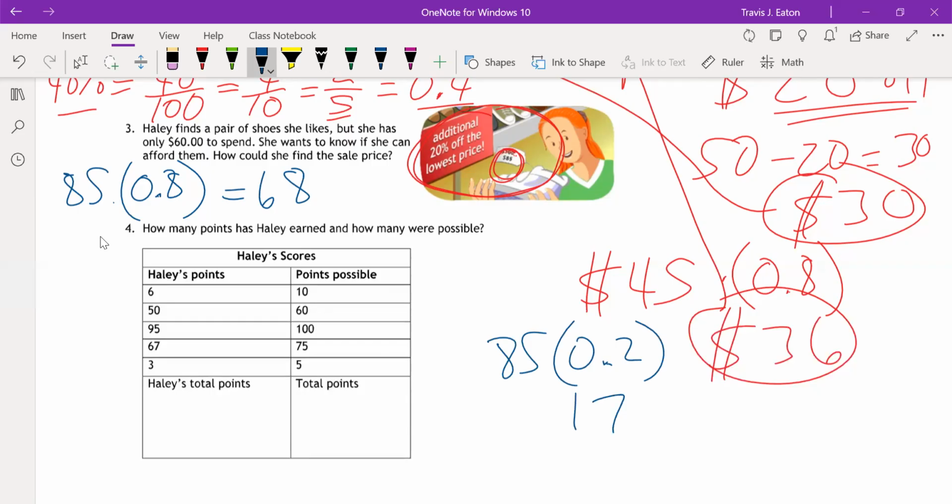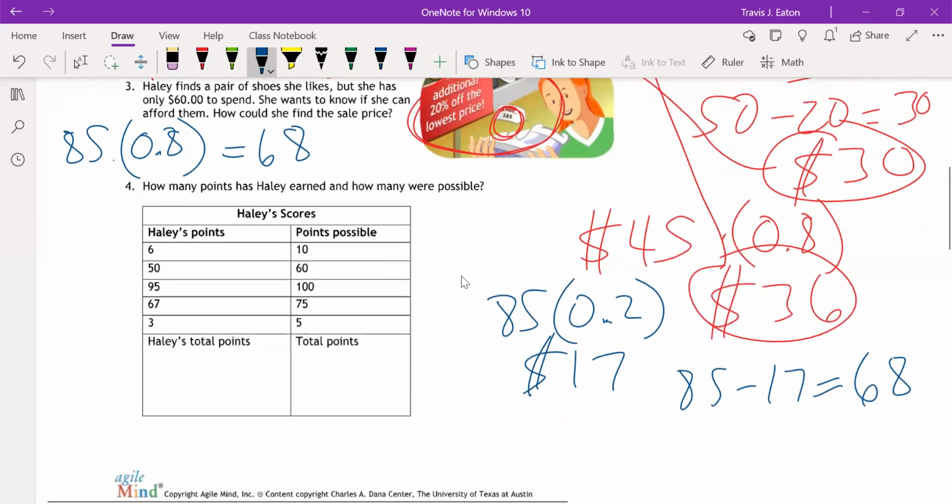That makes $17. But we have to subtract that from the 85. So 85 minus 17 still gets us the 68. Either way, whatever works best for you, whichever way makes you happiest, that's what you should stick with. I'm just showing you both ways. So it's going to be $68 either way. Does she have the 68? Nope, she only has 60. So she better put those shoes back.